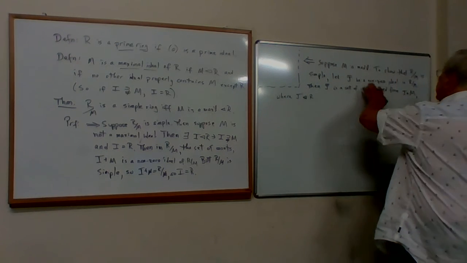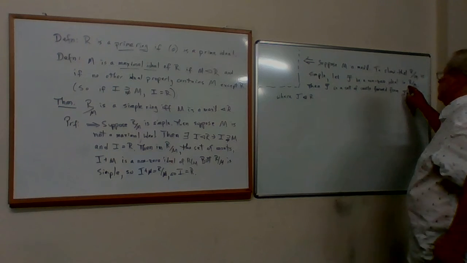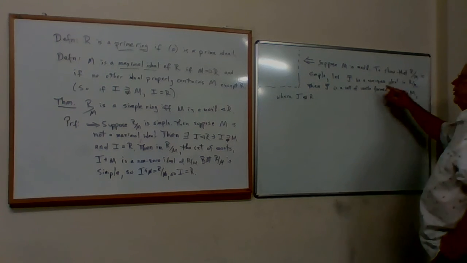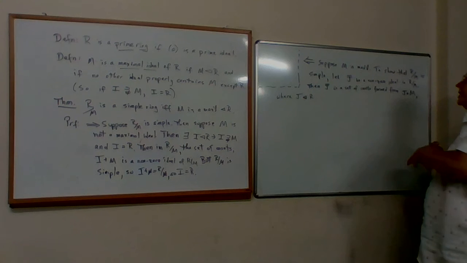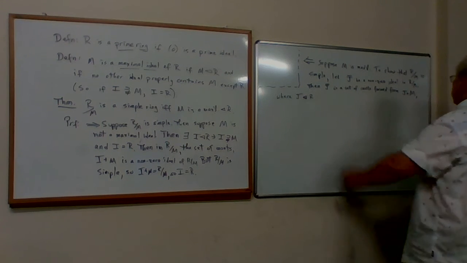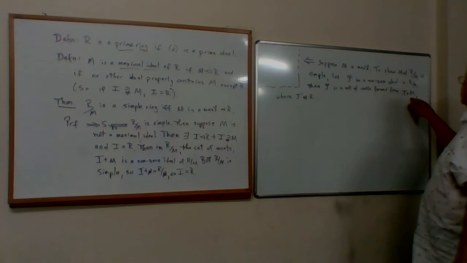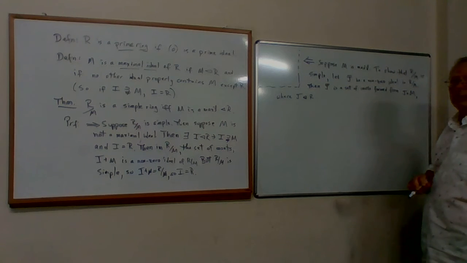Okay, so if I have a non-zero ideal in the quotient ring, then it pulls back to an ideal in the ring that contains M, because M is the zero in the quotient ring.